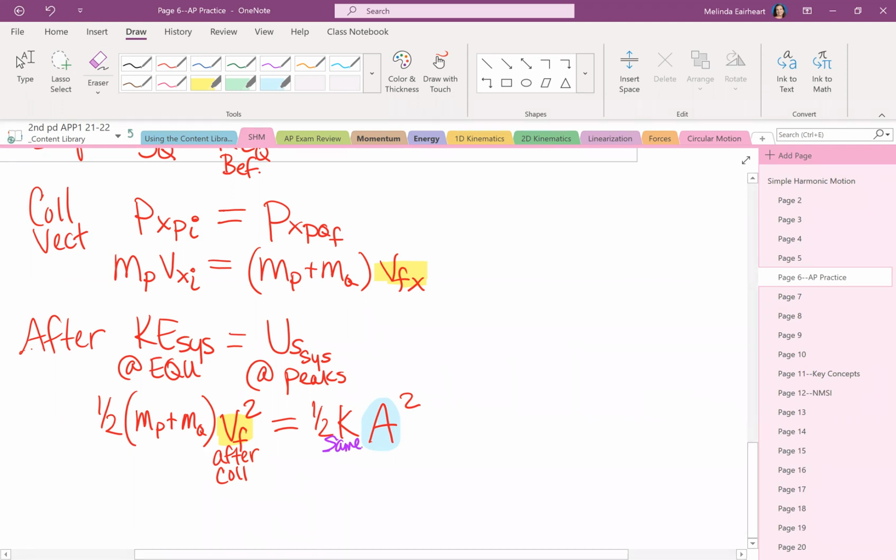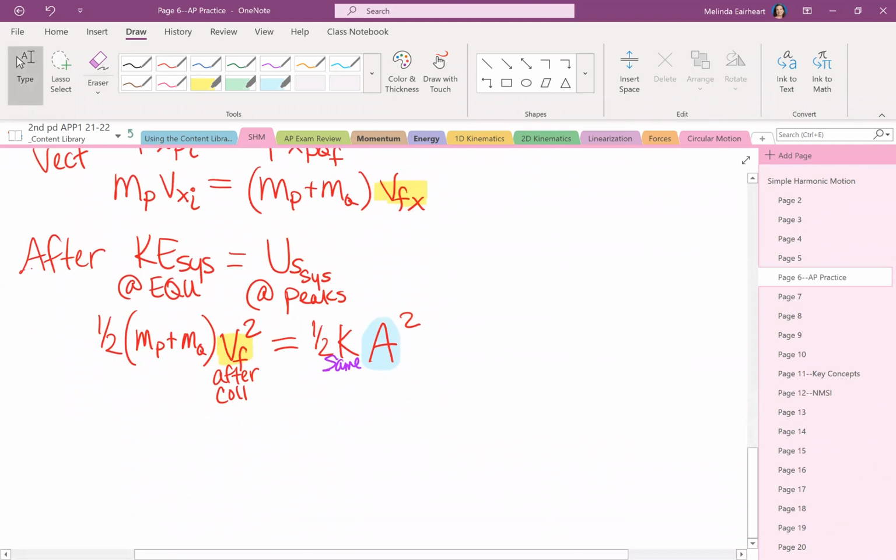Notice, we can cancel out the... No, you cannot cancel the squares because they're on different things. One's an amplitude, one's a velocity. But then we'd have square root mass, square root K. Yeah, not everybody's squared. Look at it that way. And so 1/2 can cancel out. And so A, amplitude is going to depend on not the spring, but it's going to depend on the mass on the other side. So this is the new mass, right?